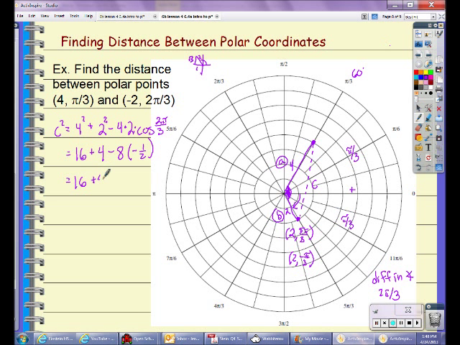16 plus 4 minus 8 times negative 1/2 is going to be minus negative 4. So that's 24 is my final answer. Yay! The distance between here and here is 24. Wait a minute, that doesn't make sense.